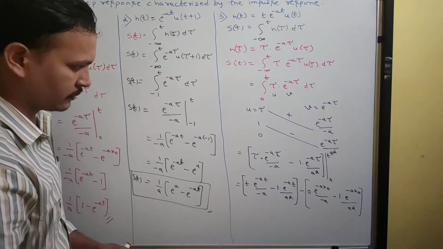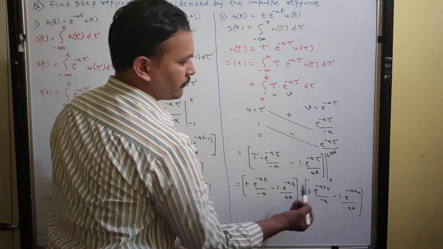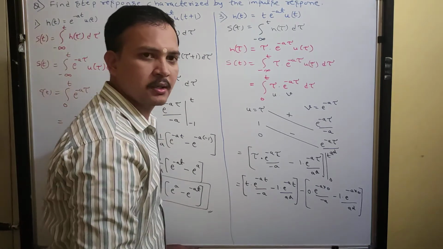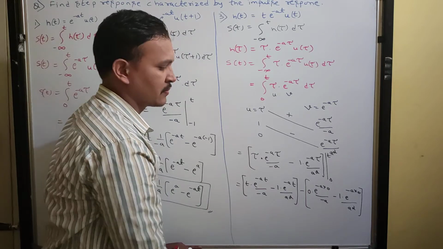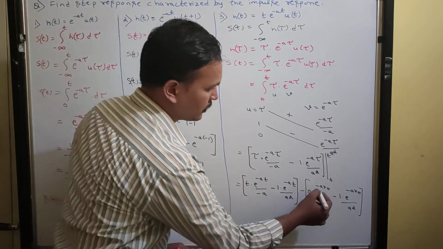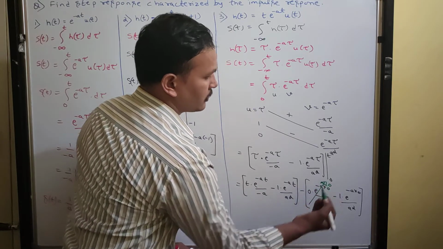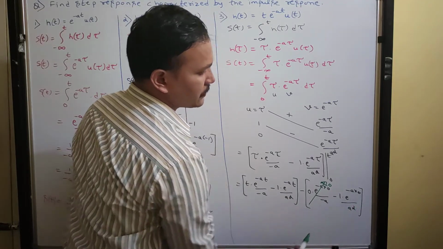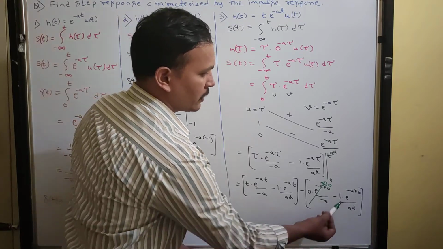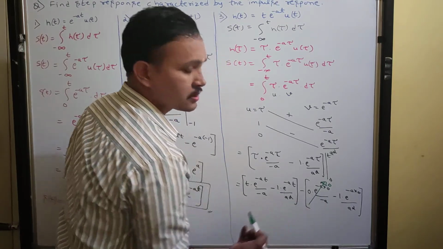Now e to the power of minus a into 0 is e power 0, which is 1. 1 by minus a gives some constant, but that is multiplied by 0, so that term gets cancelled to 0. Now e power minus a into 0 is 1 only. Now 1 by a square, minus into minus is plus.